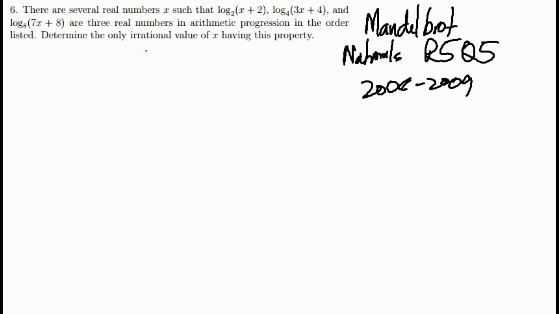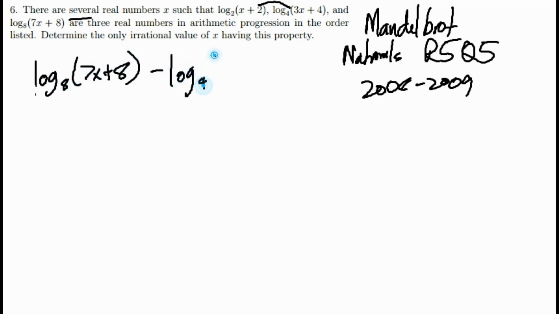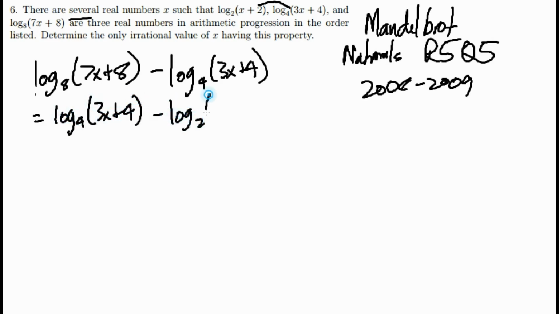In order for these three numbers to be in an arithmetic progression, the differences between these numbers must be the same. So we can simplify that into log base 8 of 7x plus 8, minus log base 4 of 3x plus 4, is equal to log base 4 of 3x plus 4, minus log base 2 of x plus 2.